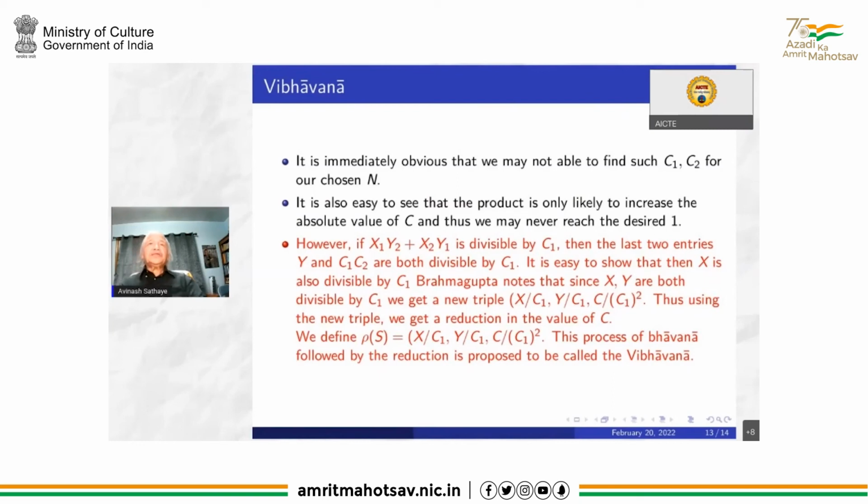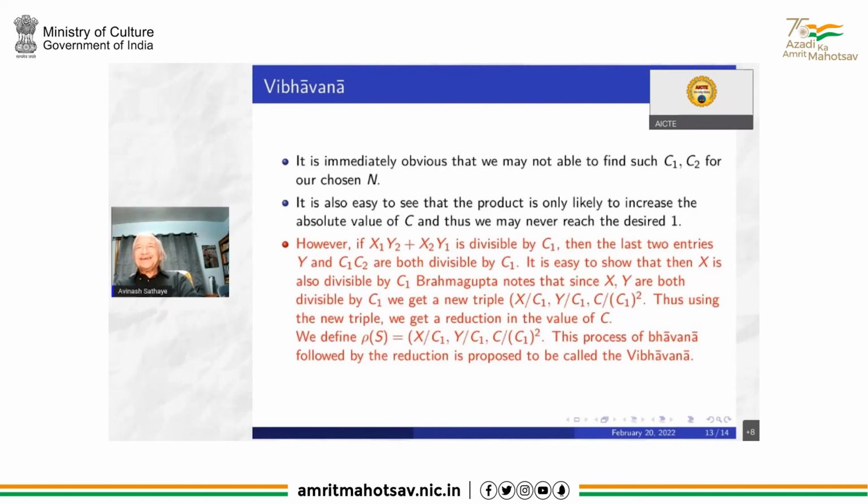Thus, using the new triple, we get a reduction in the value of C. It's no longer just C, the product, but it's divided by C1 squared.